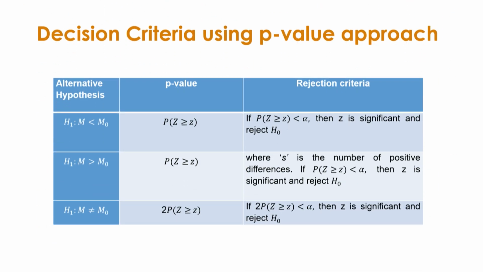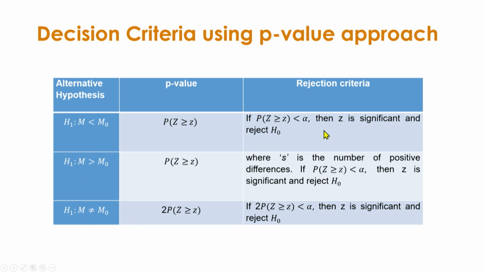In the same way we have decision criteria using the p value approach. What we discussed earlier was for the small sample, and the same thing we continue here for the large sample. First we have the hypotheses: m less than m naught, m greater than m naught, and m not equal to m naught.